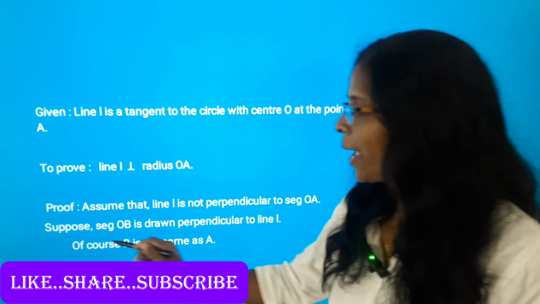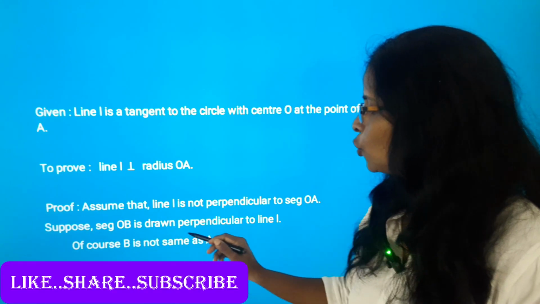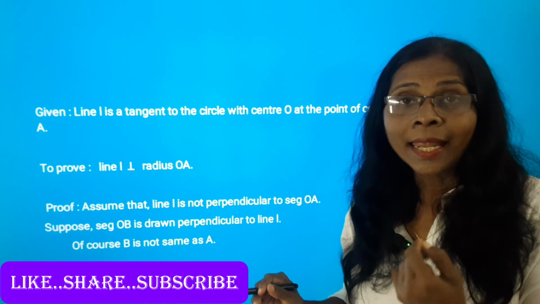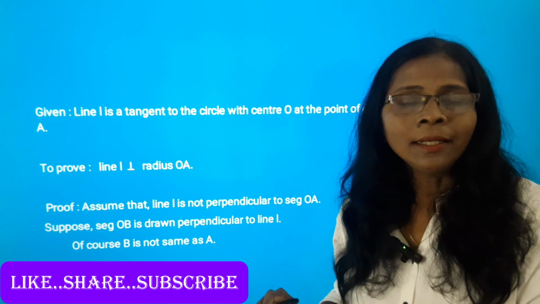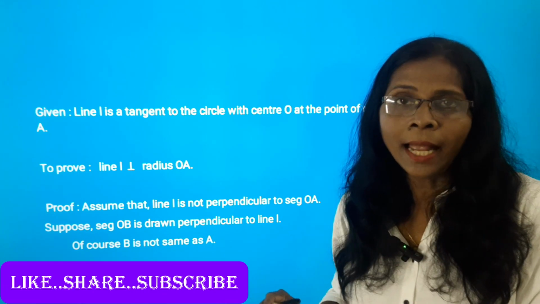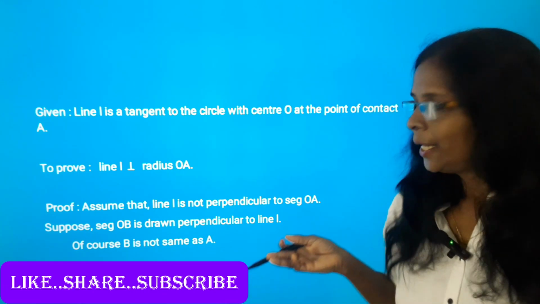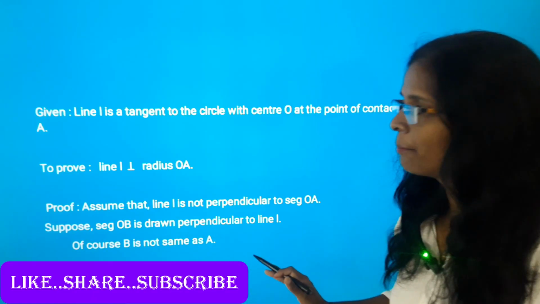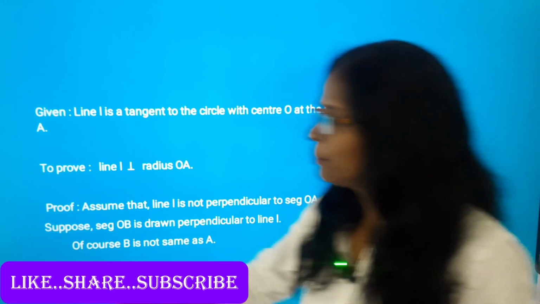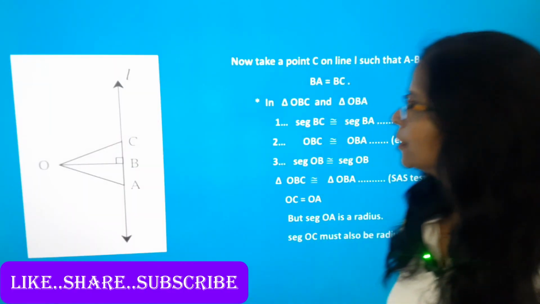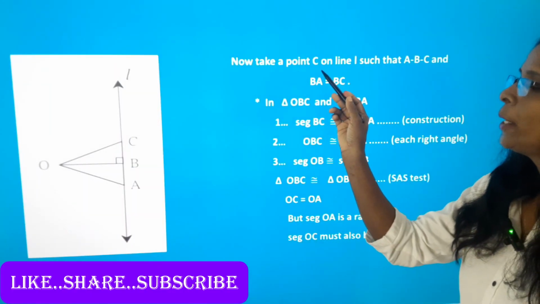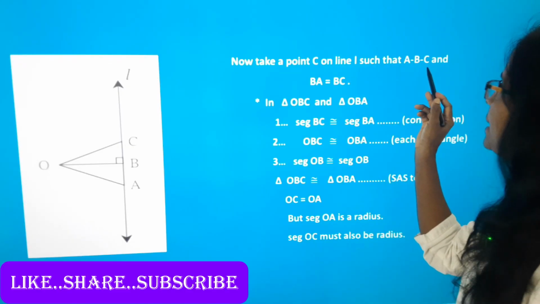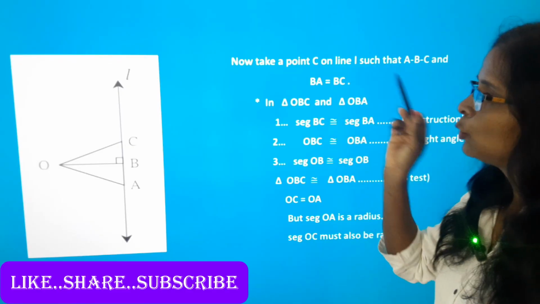That means we suppose segment OB is drawn perpendicular to line L. Of course, B is not the same as A. Now take a point C on the line L such that A-B-C and BA is equal to BC.